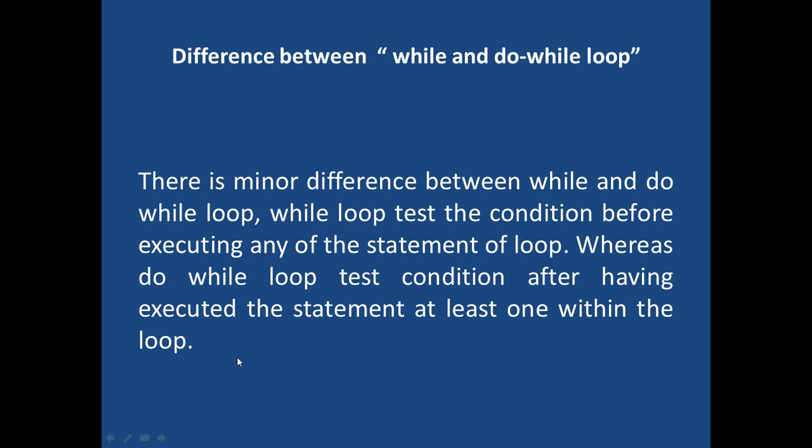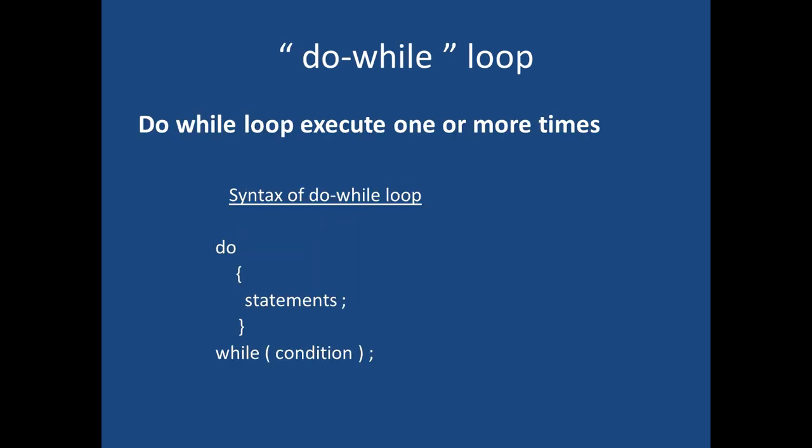So you can check it. In while loop, the condition is checked before execution of the statements, and if the condition is false, even the first time, the statements are not executed.